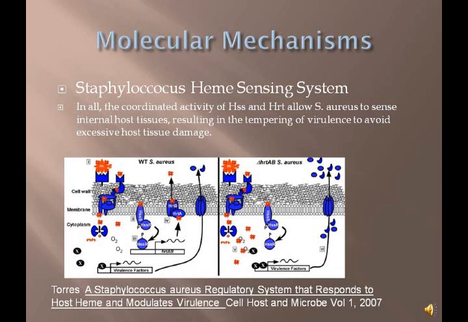Why in the world would it not use its virulence factors? Okay, if you'll read the quote, it comes straight from the article. It says, in all the coordinated activities of the HSS and the HRT systems, it allowed Staph aureus to sense an internal host environment, resulting in the tempering or the decrease of virulence factors to avoid excessive host tissue damage.